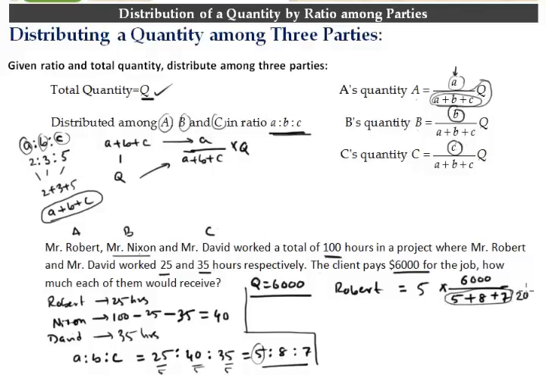So 6,000 divided by 20 is 300, times 5. So Mr. Robert will earn $1,500.